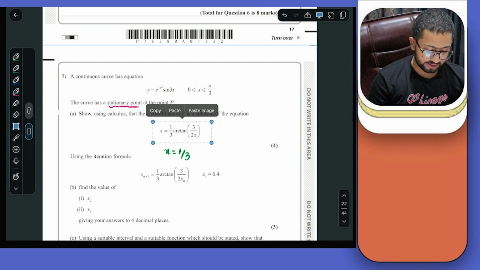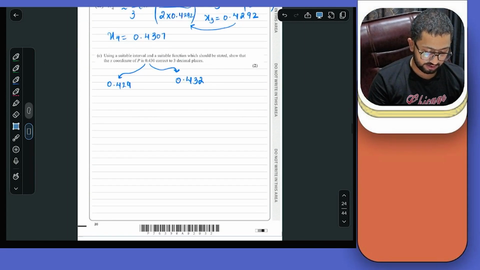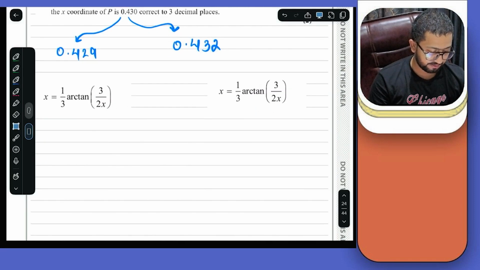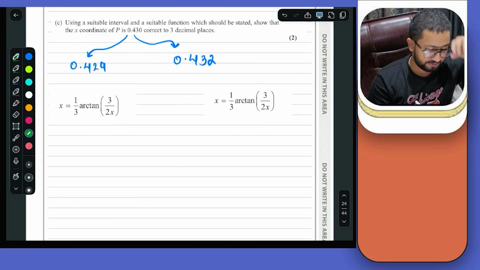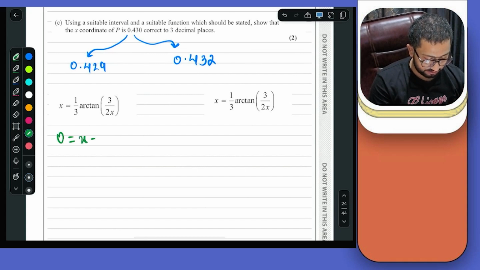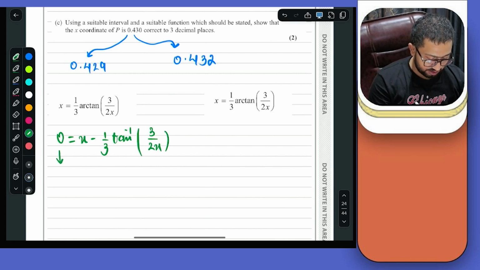Now we have to use this function. Do not try to use our original function, be careful about that. What I have to do is make one side 0 and then replace 0 with y.